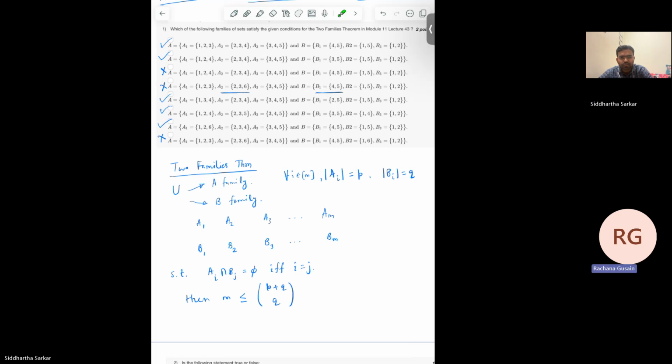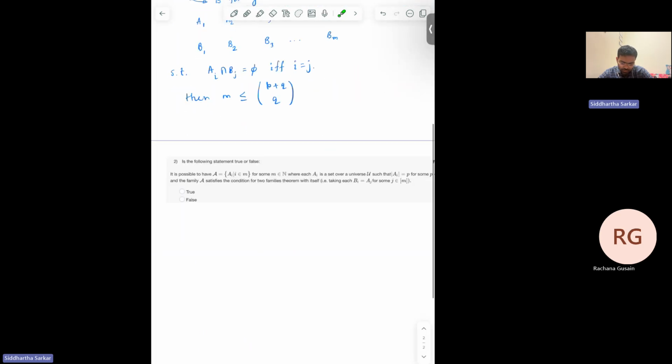Something similar, I think I have seen. Yeah, this could be possible. But I looked at the proof of this, and it can also be proved from scratch without depending on Sperner's theorem. We can talk about it offline as well. Let's look at the next question.